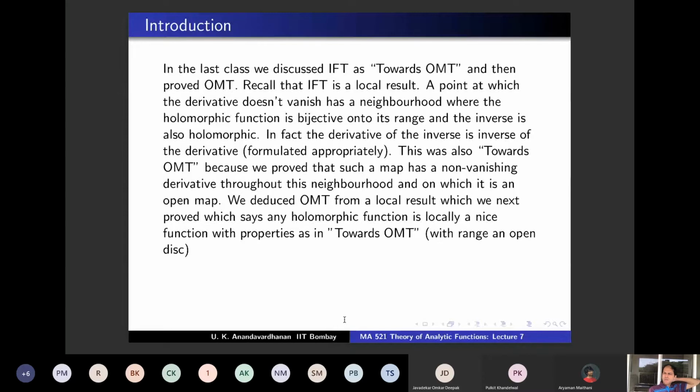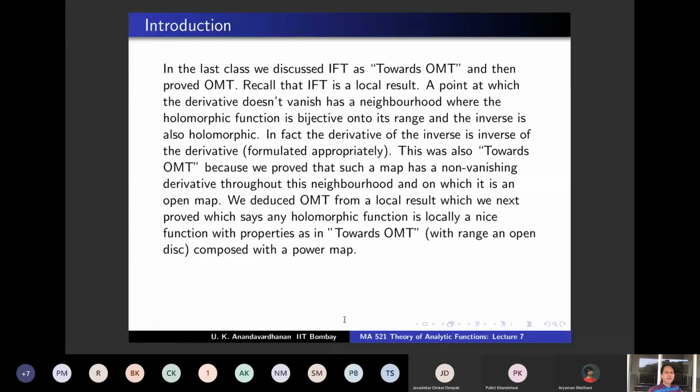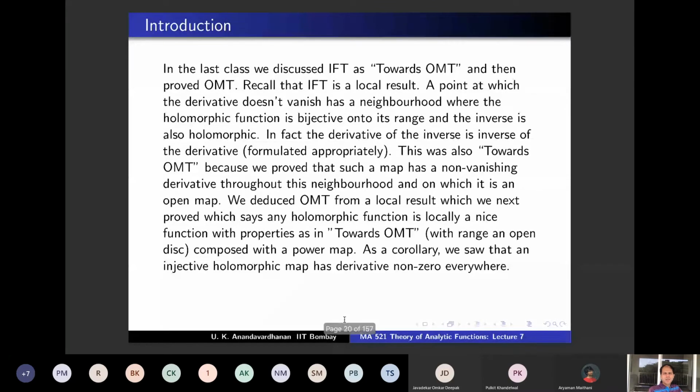And we could choose our neighborhood V such that the range is not just any open set, but actually an open disk composed with a power map. So such a nice map is composed with the power map, and that nice map's range is actually an open disk. As a corollary, we proved the open mapping theorem. And as a corollary to this proof, we also saw that an injective holomorphic map has derivative non-zero everywhere.